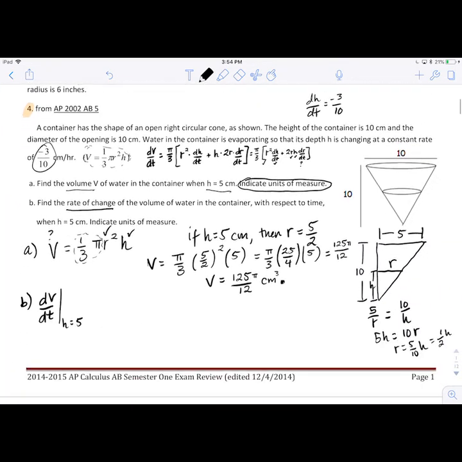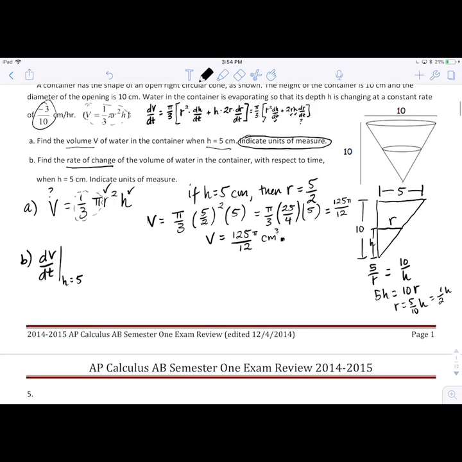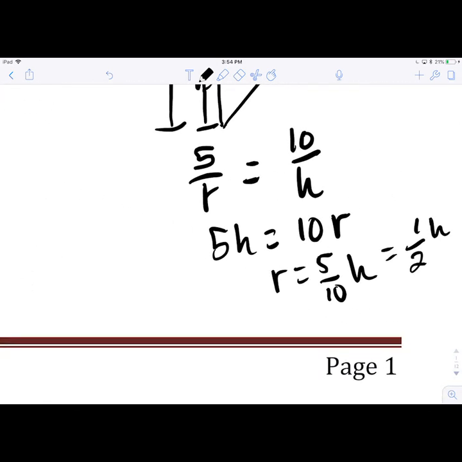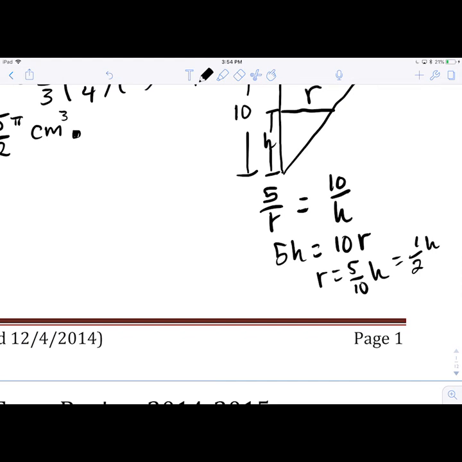So this is where the similar triangles come in handy, because I have an expression for r in terms of h, which means I could differentiate both sides with respect to time, and I get that dr/dt is equal to half dh/dt. Okay, and therefore, since dh/dt is equal to negative 3 over 10, I know that dr/dt is equal to negative 3 over 20.